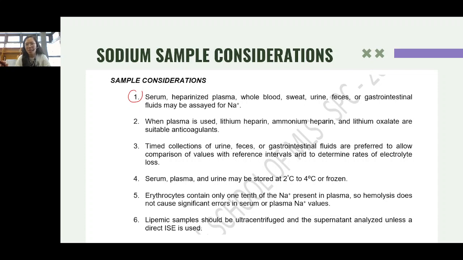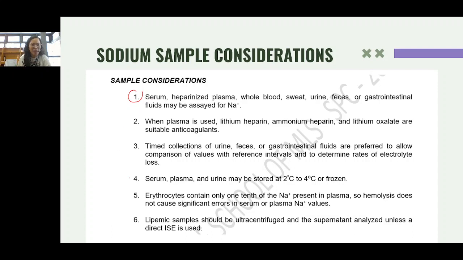So this is the reason why hemolysis does not cause any significant errors in your serum. Because remember, your sodium is found in the extracellular fluid. So that is why it is not a big problem if you have a hemolyzed sample and you do sodium determination. Lastly, a lipemic sample should be ultracentrifuged and the supernatant analyzed unless a direct ISE is being used.